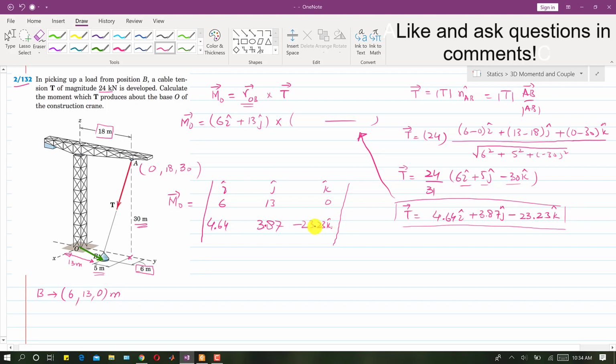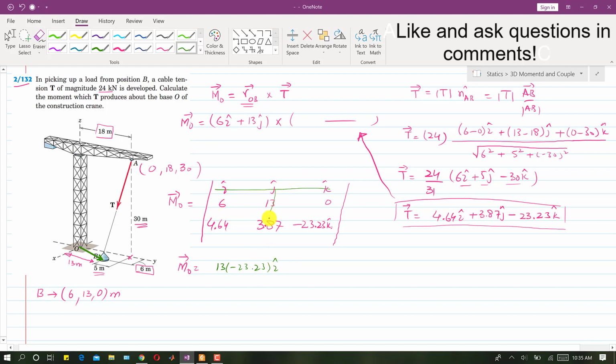Hiding this row and this column, we take the determinant of this: 13 into minus 23.23, multiplied with i.